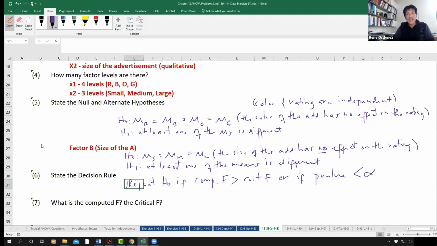All right, so now we're ready to generate the computed F or the p-value so that we can render a conclusion of these two-way ANOVA.